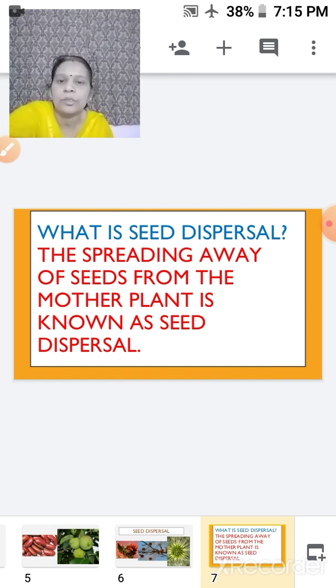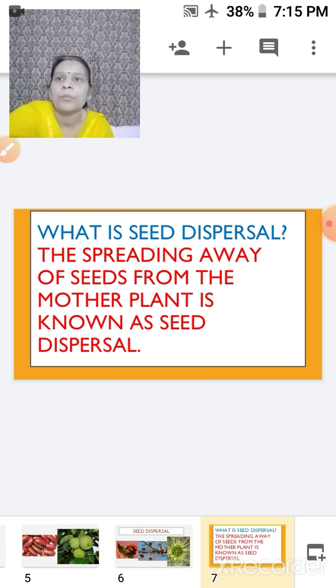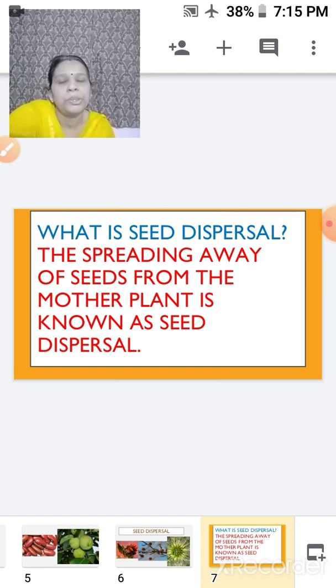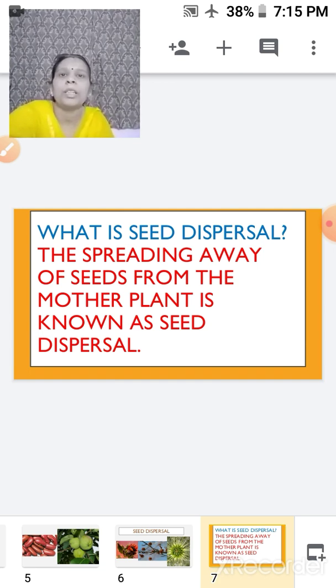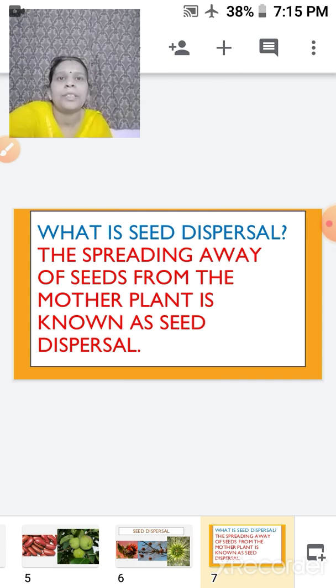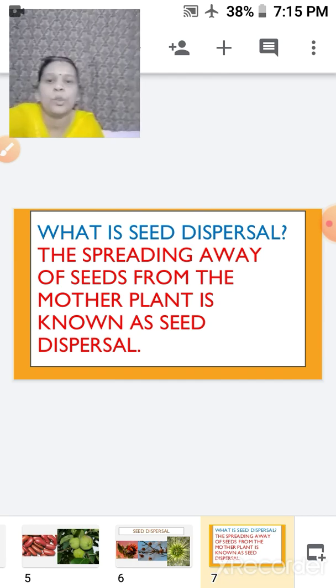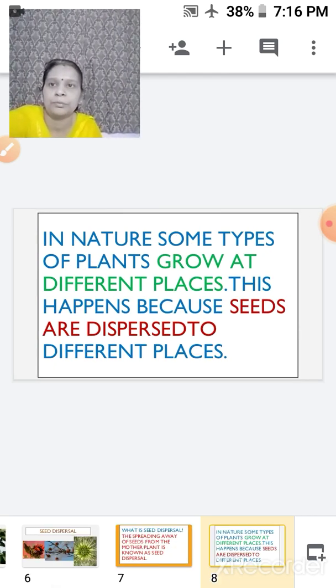It is also essential that the seeds are spread out far from the mother plant, so that the new plant which grows up will get enough place. It will have nutrients, water, and sunlight, all the factors essential for the growth of the plant. And this spreading away of the seed from the mother plant is known as seed dispersal.